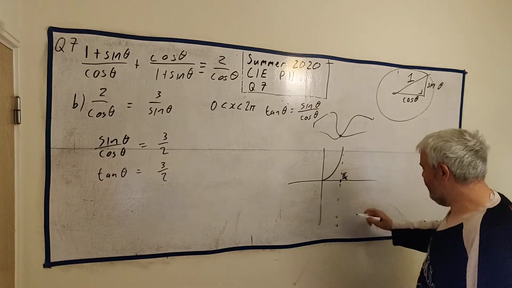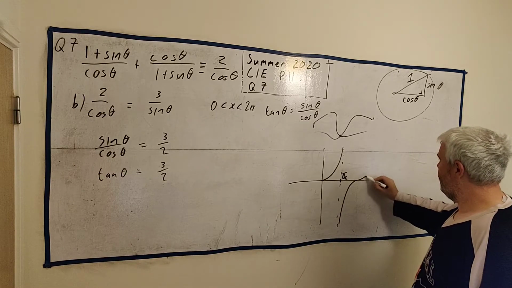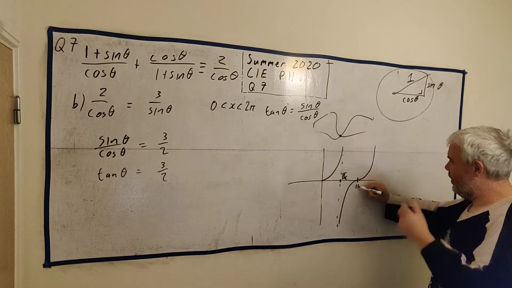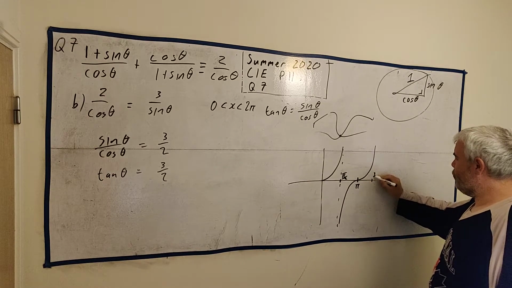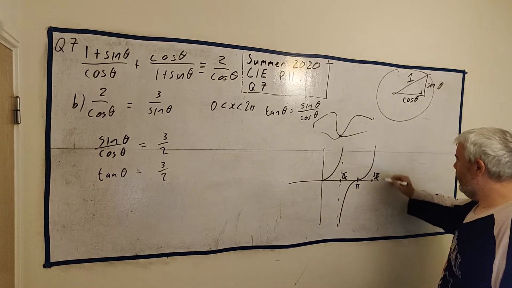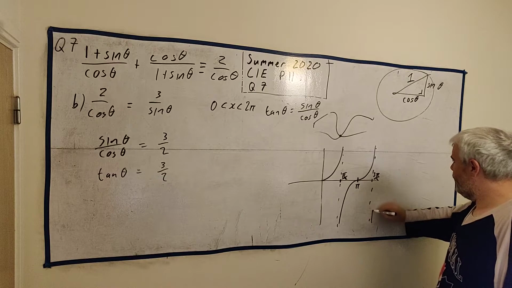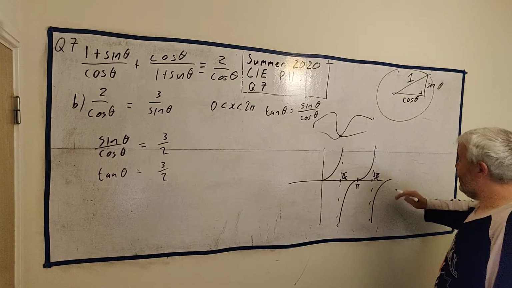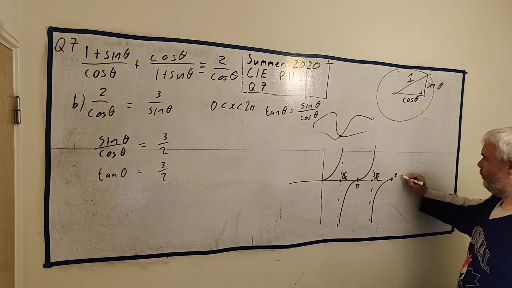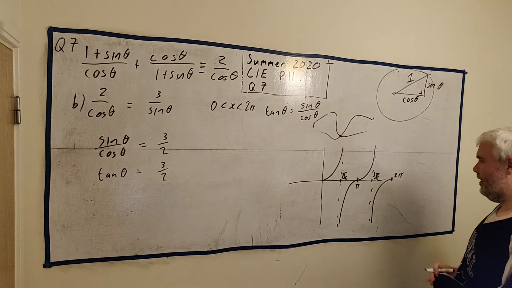It's a strange function like that. This is pi here. This guy is 3 pi over 2, or 270 degrees. And it does it once more. It goes on forever in both directions, but this is where we run out of room. This is at 2 pi in this case.